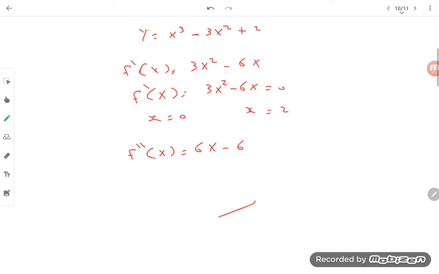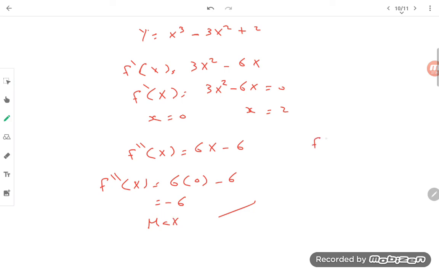So we have to substitute using the two values of x in order to find whether it is a maximum or a minimum point. So for the second derivative at x equals 0, 6 multiplied by 0 minus 6 gives a negative value. So this is the maximum point.